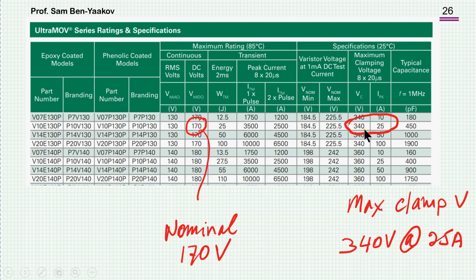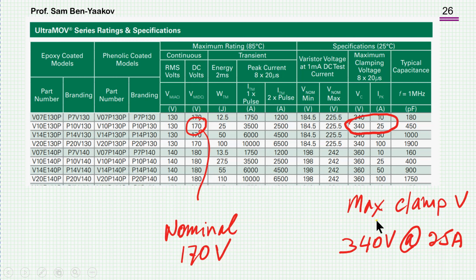Okay, so this is based on the static curve, which goes to show that you see that the nominal is 170, and here with 25 amp is going to 340, so it's twice the value.